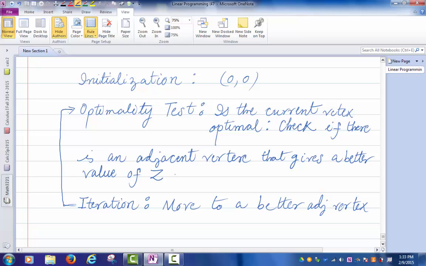Is the new vertex the optimal solution? If not, go to the iteration again and find a new adjacent vertex. This happens again and again until you get to the optimal solution.